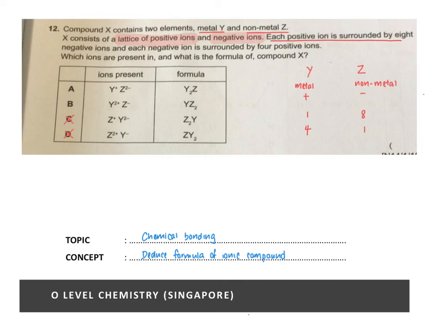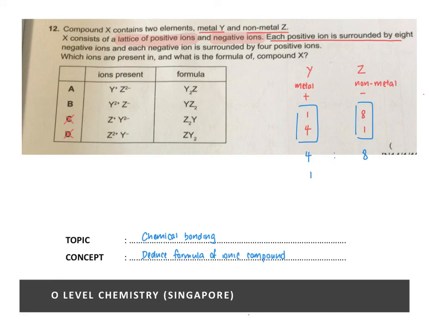Alright, so in the lattice, on average, we have 1 times 4 is 4, 8 times 1 is 8. So on average, 4 positive ions will be paired with 8 negative ions.